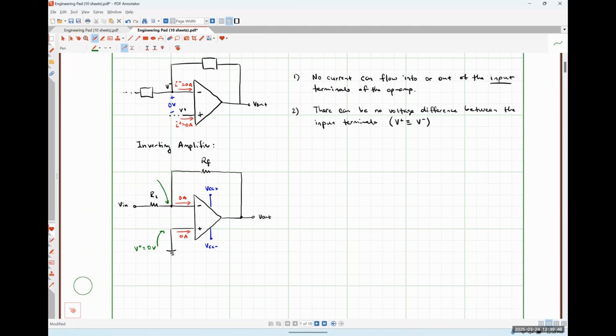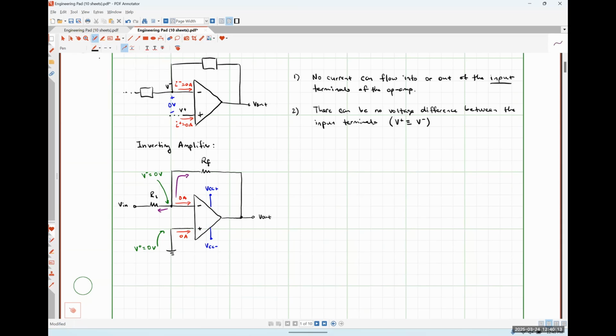And from that, the nodal voltage at my inverting input node is also going to be 0 volts, right? Applying Kirchhoff's current law at my inverting input node means I'm going to add this current flowing to the left through R1 plus this current flowing to the right through RF together.